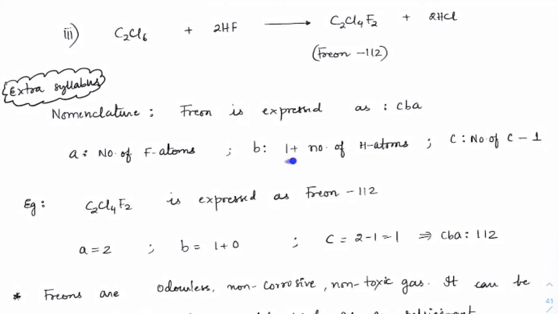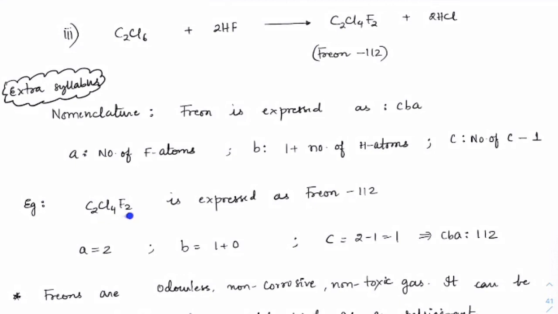B stands for 1 plus the number of hydrogen atoms. If you go for longer freons like C3, C4, we may have certain hydrogens present. Then B will be 1 plus the number of hydrogen atoms, and A is the number of fluorine atoms. That's how we represent freons.